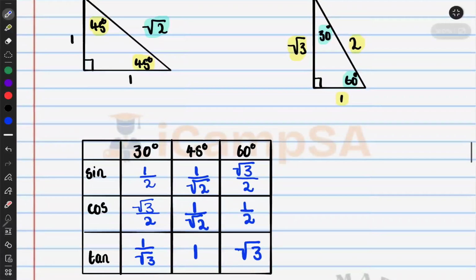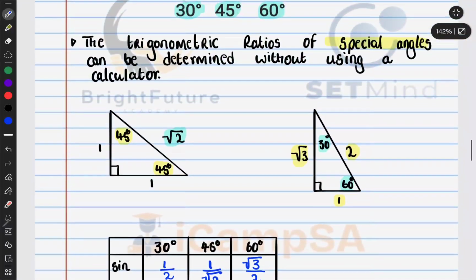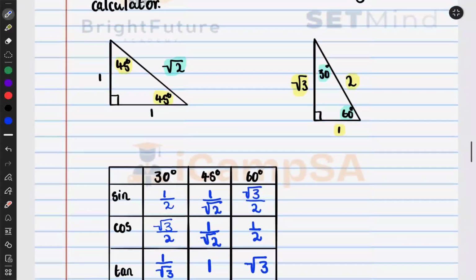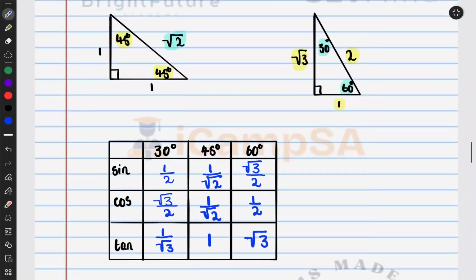So you see, that is how you go about evaluating the special angles, by using those two triangles that you see there. You don't have to use a calculator to evaluate the special angles, which are 30, 45 and 60 degrees. You just use the triangles.